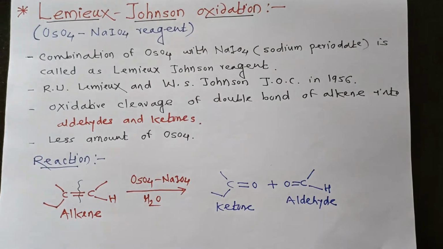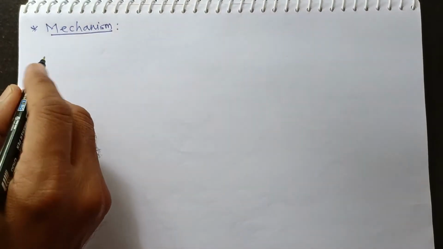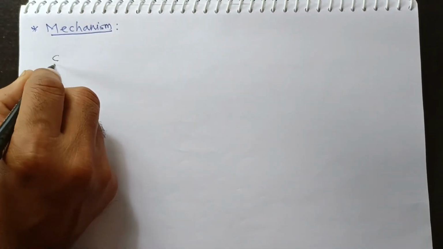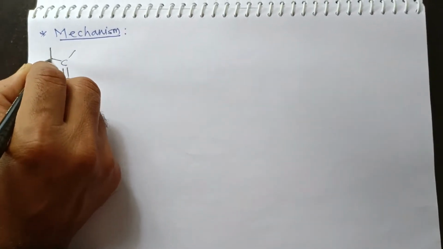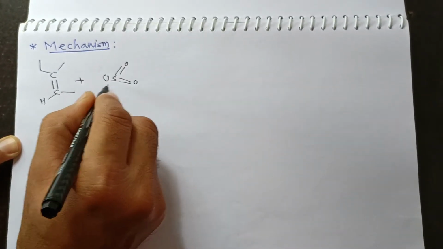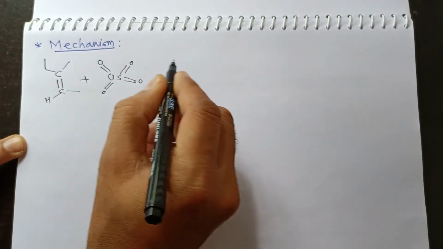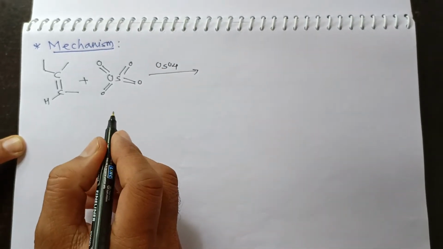Now we will see the mechanism of this reaction. So this is the structure of the alkene. That alkene reacts with osmium tetroxide. We have seen the detailed mechanism of this oxidation in the previous video.